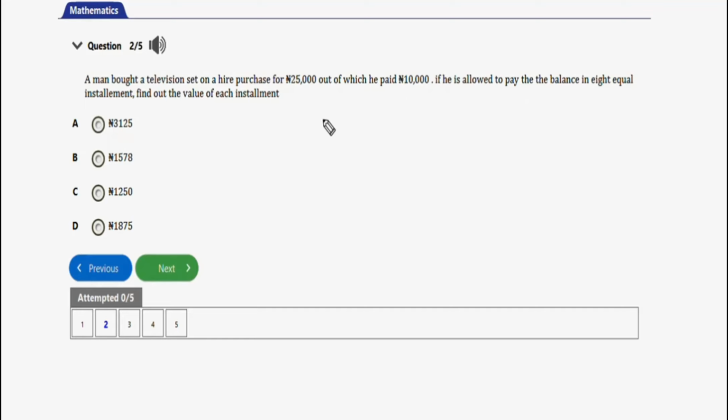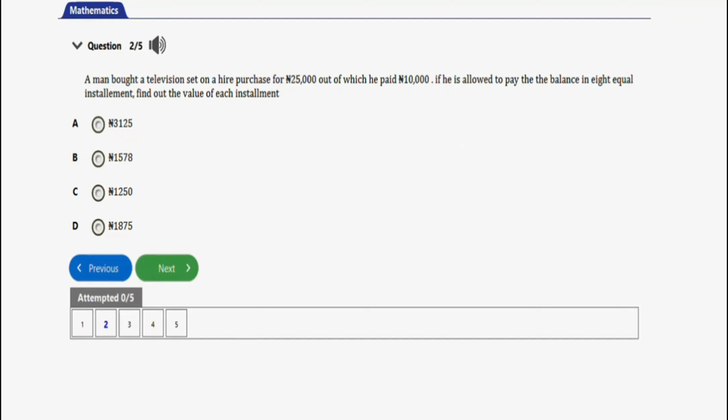So out of the 25,000 naira to pay, he paid 10,000 naira, so the remaining is 15,000 naira, right? So he is allowed to pay the balance, that's 15,000 naira, in 8 equal installments. Find the value of each installment.